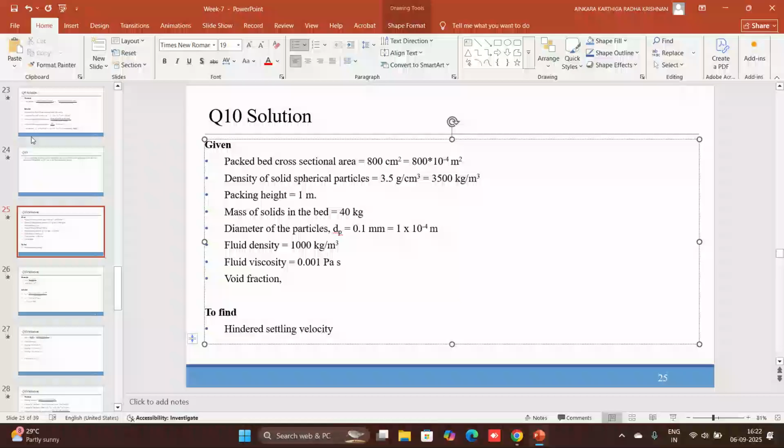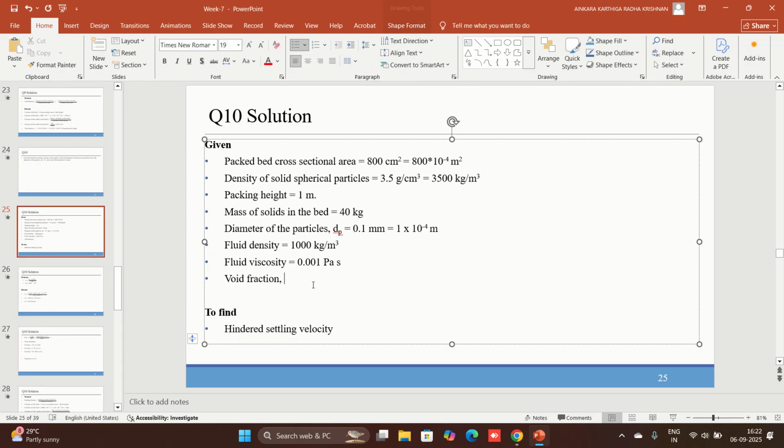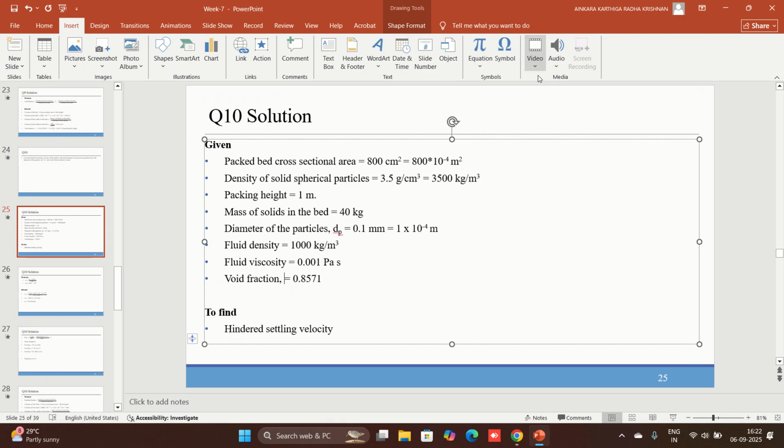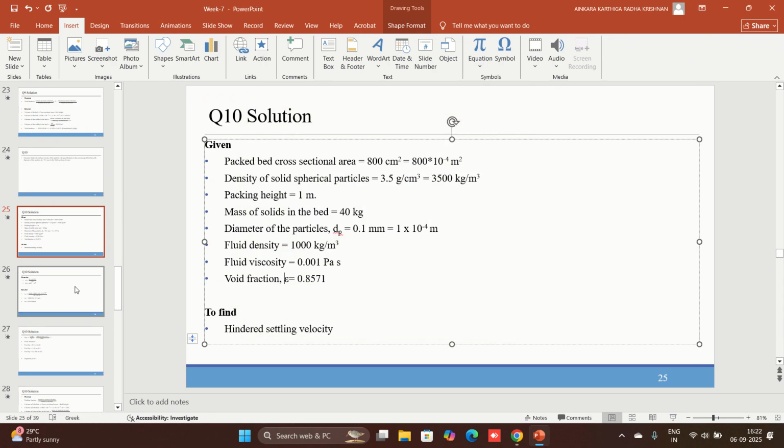What did we find out? 0.8571, which is a quite high value, and filling 85% with voids is not realistic, but anyway, for our case, let it be.